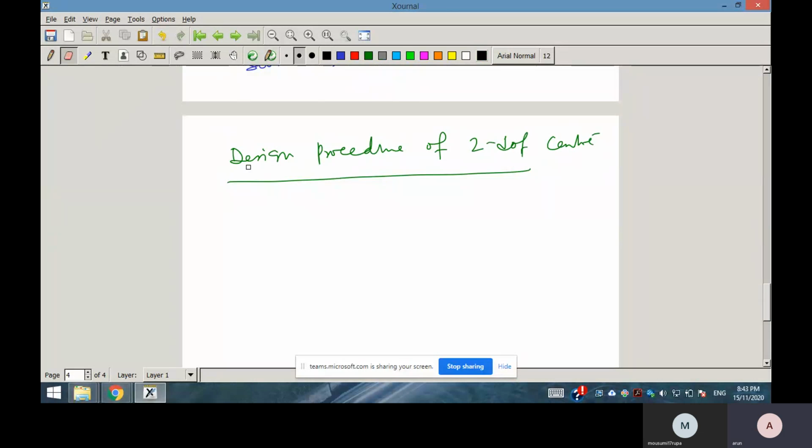Given the reference to output model, with this model, the model matching you can actually achieve. So TY to R characteristics, suppose this kind of characteristics is given to you, alpha into CS divided by delta hat S. Okay, so this is the reference input output model you have been given.